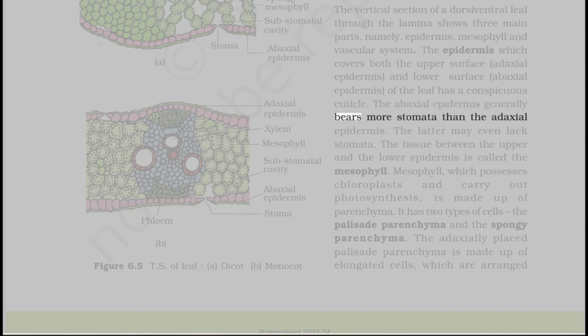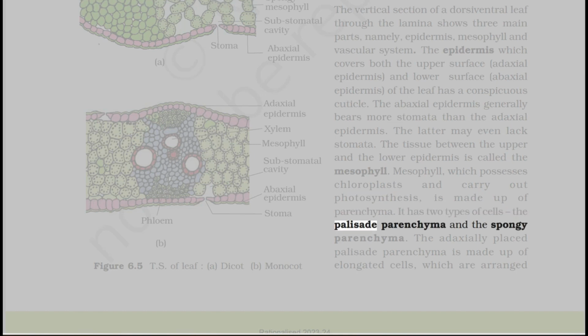The abaxial epidermis generally bears more stomata than the adaxial epidermis. The latter may even lack stomata. The tissue between the upper and the lower epidermis is called the mesophyll. Mesophyll, which possesses chloroplasts and carries out photosynthesis, is made up of parenchyma.